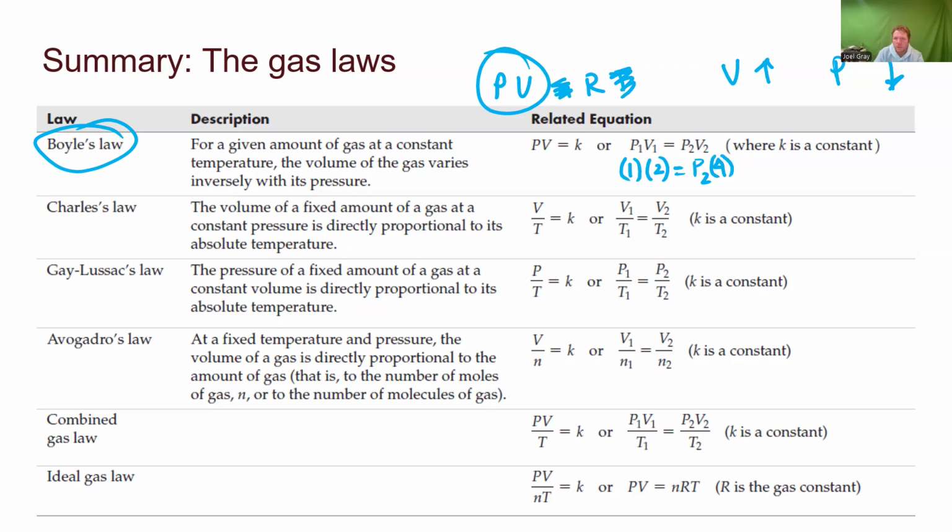So 2 equals 4 P2. Divide by 4, divide by 4. P2 equals 1/2. So our pressure went from 1 to 1/2, so our pressure gets cut in half.